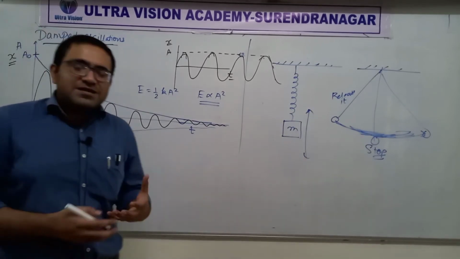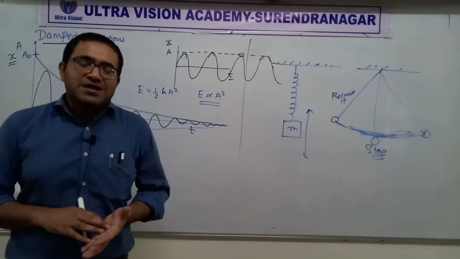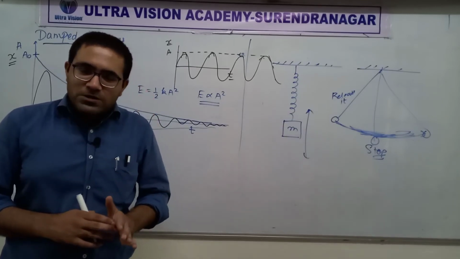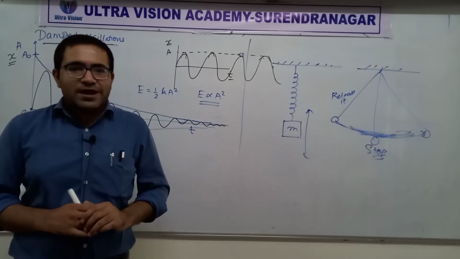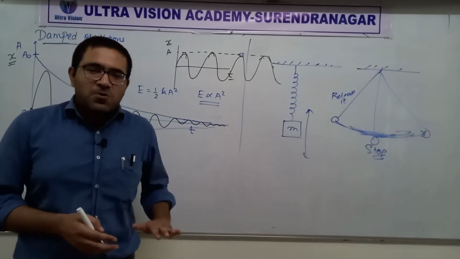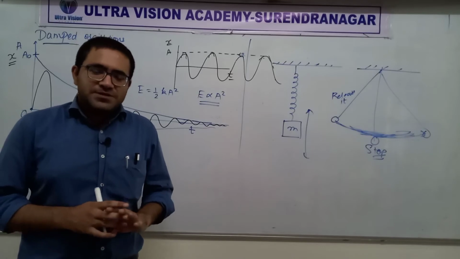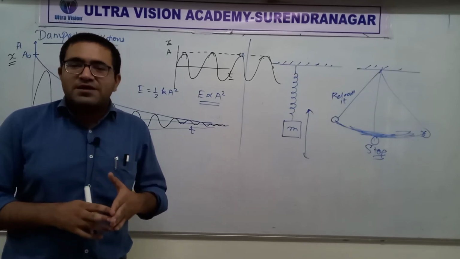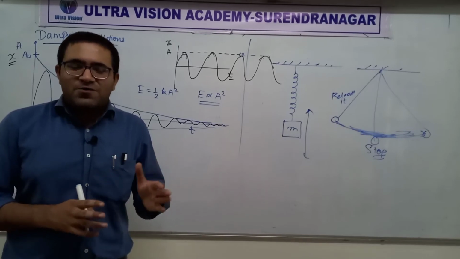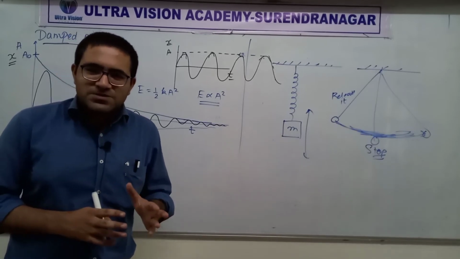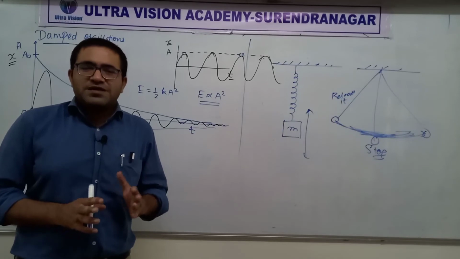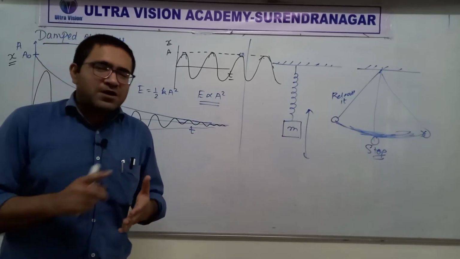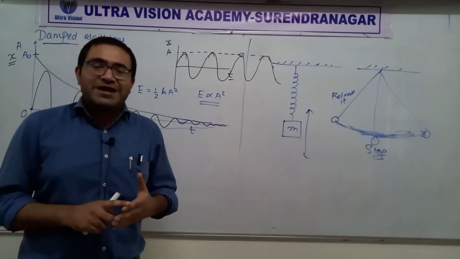Now, frankly speaking, this topic is much more detailed, and some equations are given in your book also, but I am not going into all that for one simple reason. All the maths that is given in your book in this topic is way above your math skills. I am making it very clear. Even math students, after clearing 12th standard, will not be able to understand how we get those equations.